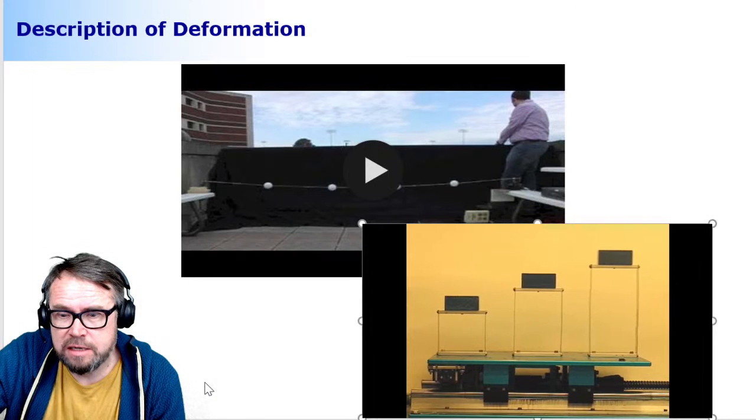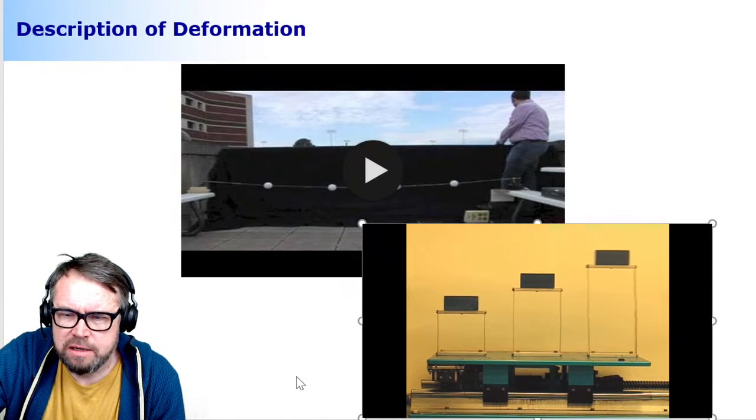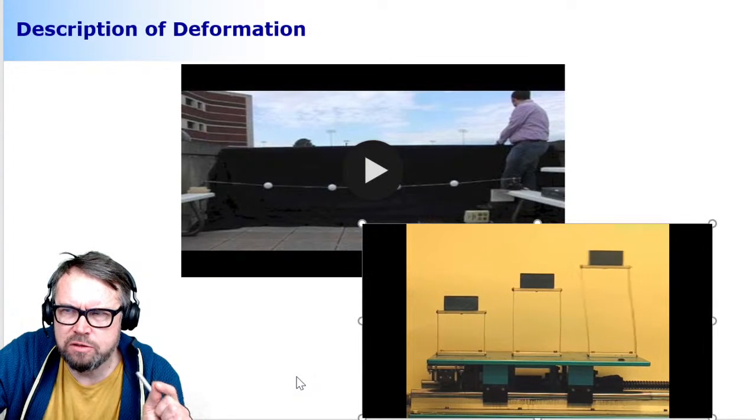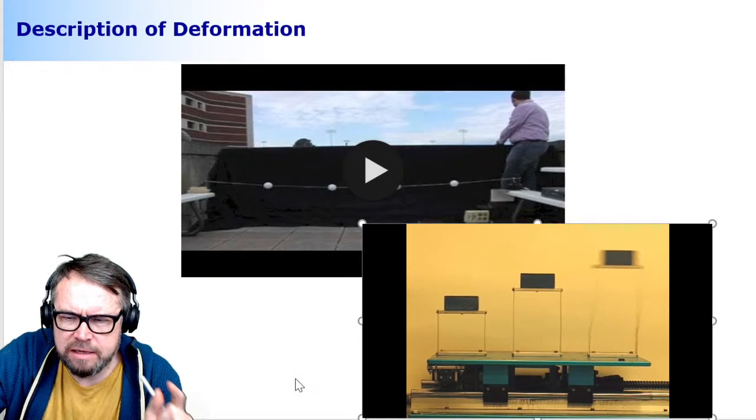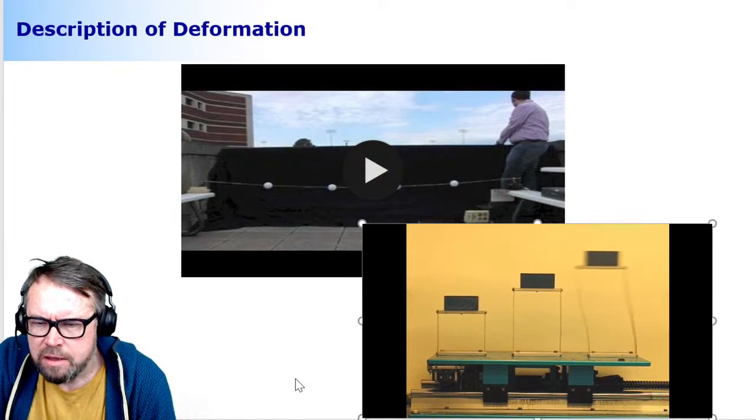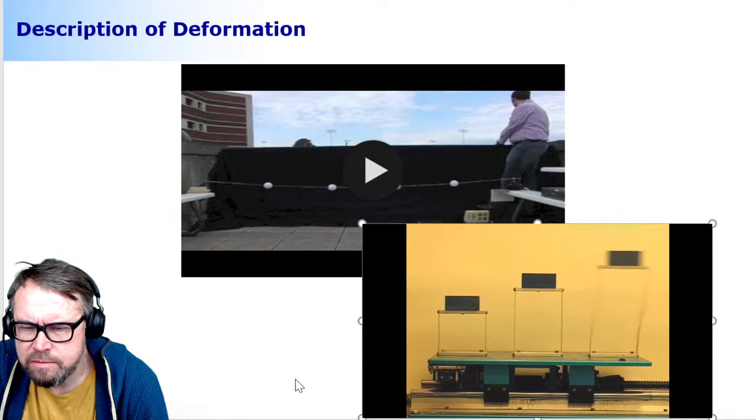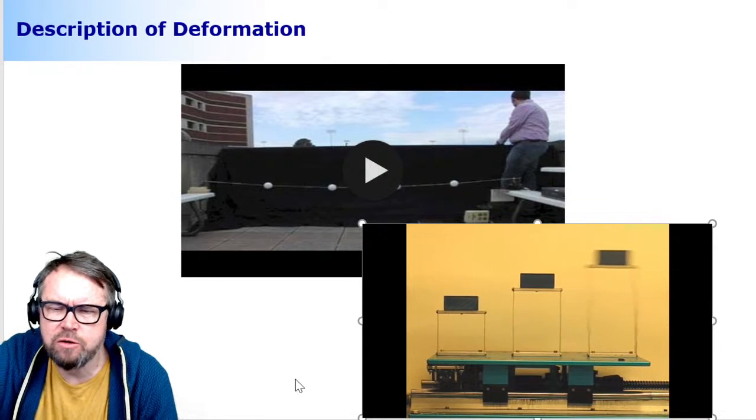It's going to start vibrating like no limit whatsoever. The others are standing still because they have different natural frequencies, so they're not affected by the one where I'm hitting the natural frequency. This was 4 hertz.